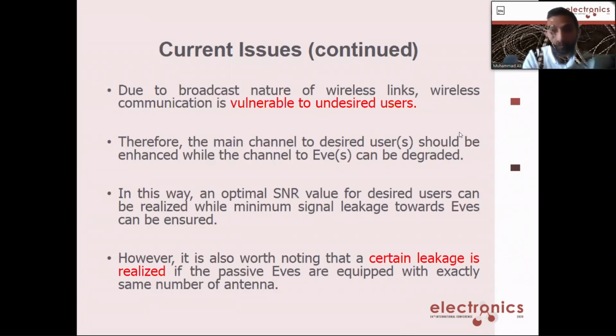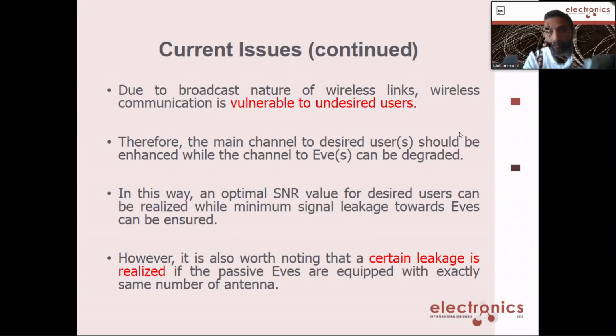We also know that wireless communication has a broadcast nature, so the information sent by any user is open, exposed to all the users. So the problem is we have to secure our transmission from the undesired users, generally known as eavesdroppers.